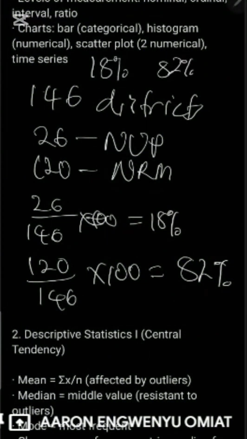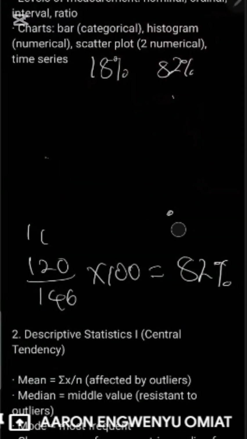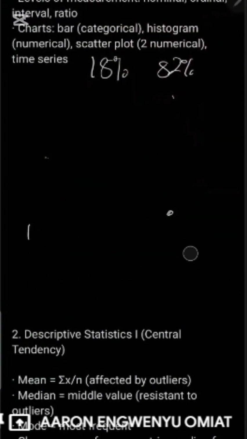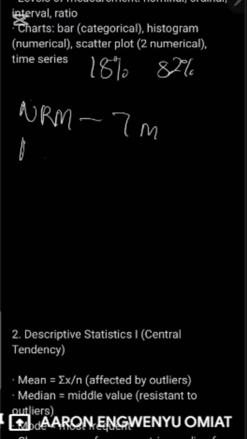But now, if we go ahead and look at the actual figures, numerical, we go and look at actual votes. Nationwide, if I remember, NRM had around 7 million votes and NUP around 2 million votes. These are just rough estimates. In percentage, 7 over 9, that is about 75%, right?